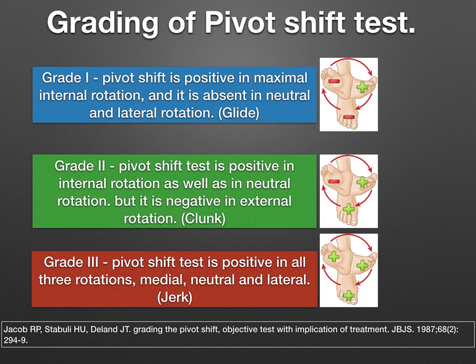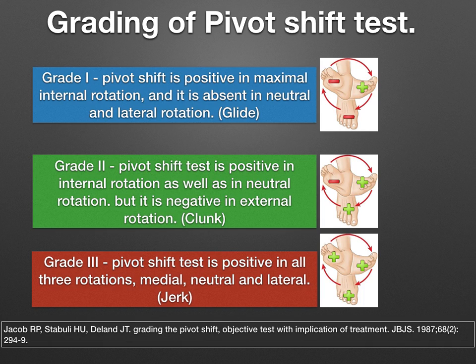According to Jacobs, if the pivot shift test is positive in minimal internal rotation and it is negative in neutral and lateral rotation, then it is called grade 1. If the pivot shift test is positive in internal rotation as well as in neutral rotation, but it is negative in external rotation, then it is called grade 2.